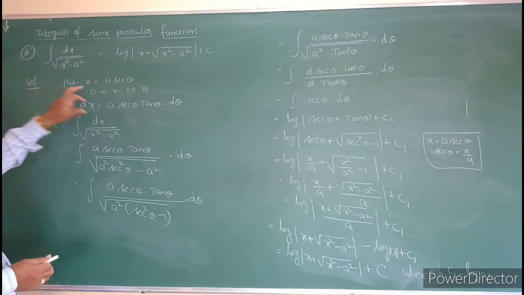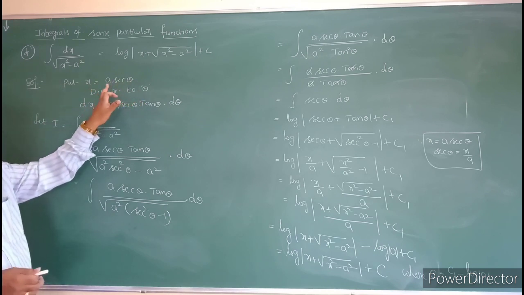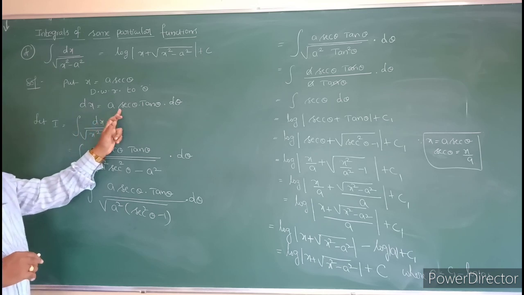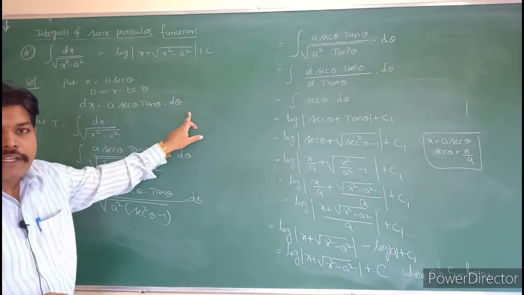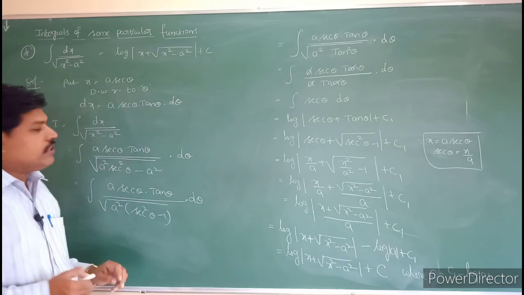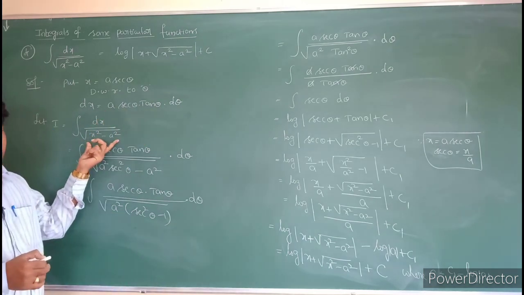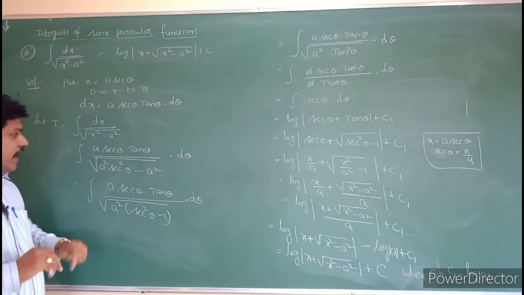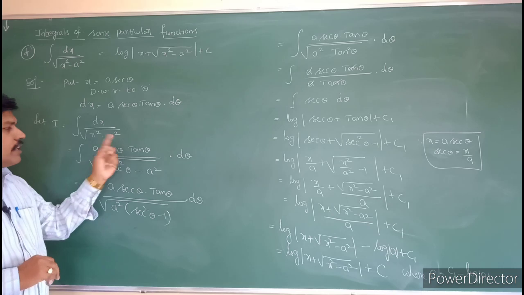So first, I am taking that x is equal to a secant theta, dx is equal to a secant theta into tan theta into d theta. So just replace the values here. Dx is equal to a secant theta tan theta d theta by root of x square minus a square.